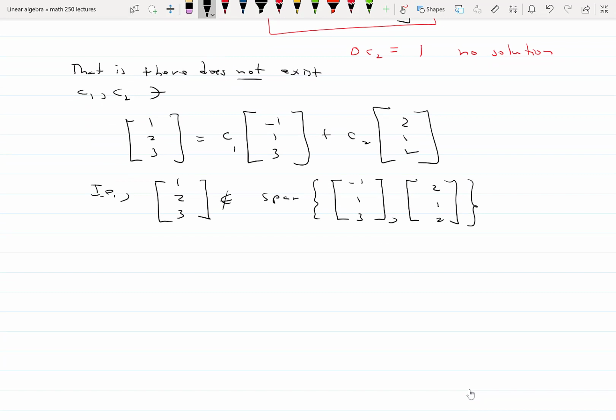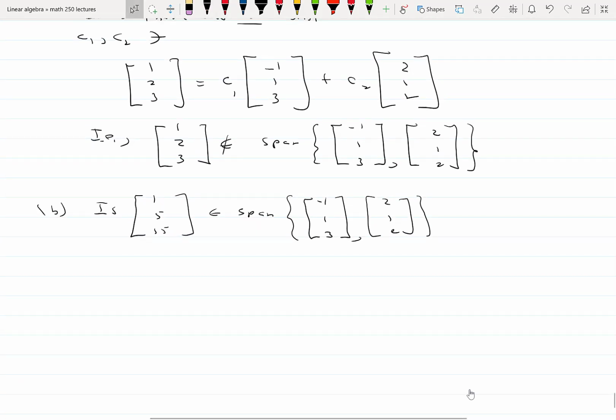Okay, part B. Is the point 1, 5, 15 in the span of the vectors -1, 1, 3 and 2, 1, 2?